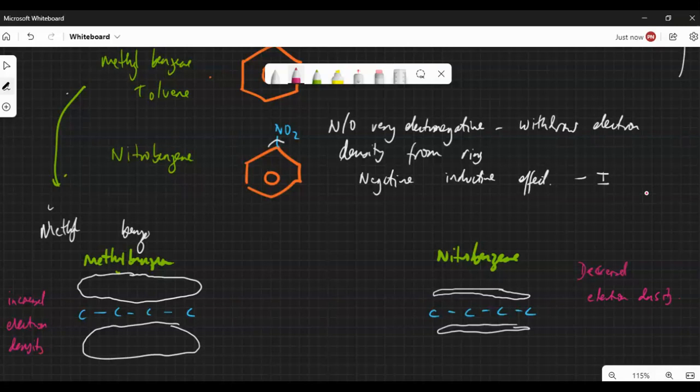Now, what does that mean then? If I have methylbenzene, I get increased electron density, and if I have nitrobenzene, I get decreased electron density.